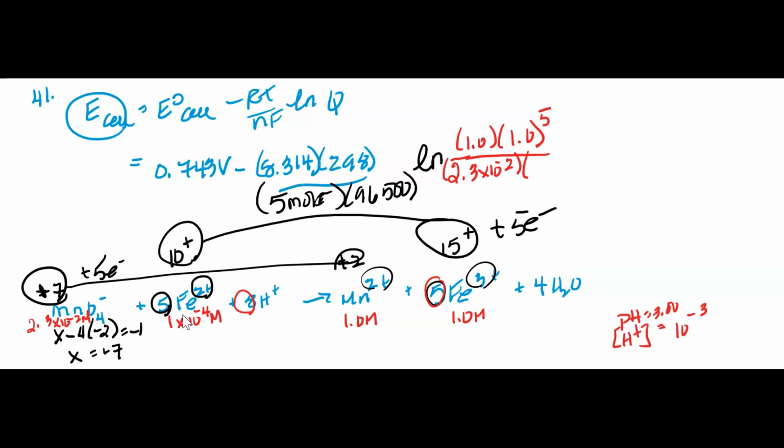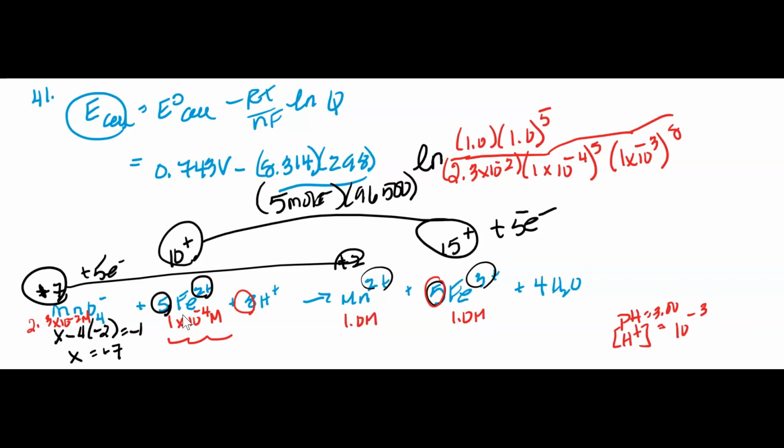And then for iron 2 ion, we have 1 times 10 to the minus 4. There are 5 of those. And then here we have 1 times 10 to the minus 3 for the hydrogen ion. And there are 8 of them, so we raise that to the 8th power. And then we just do the math.